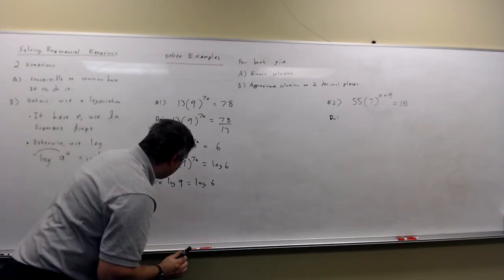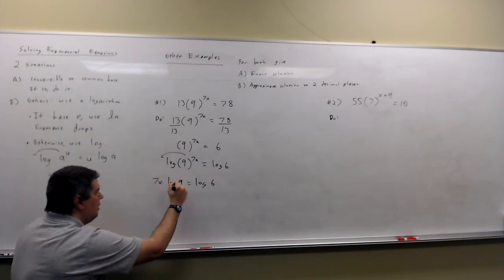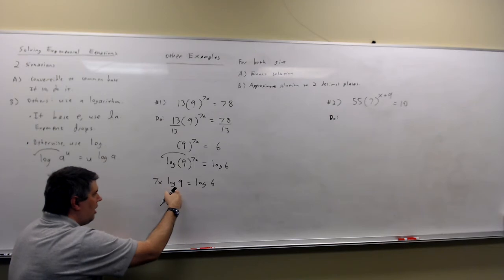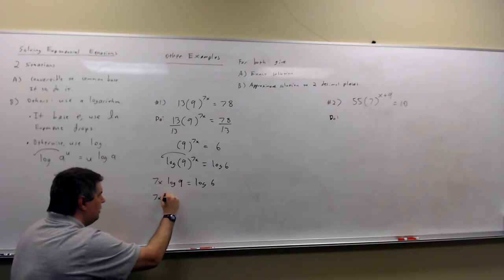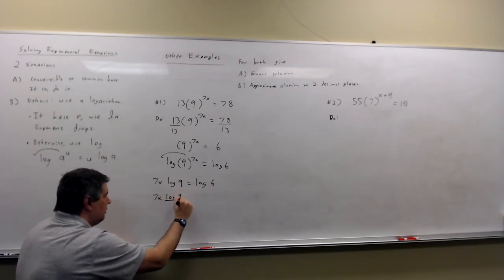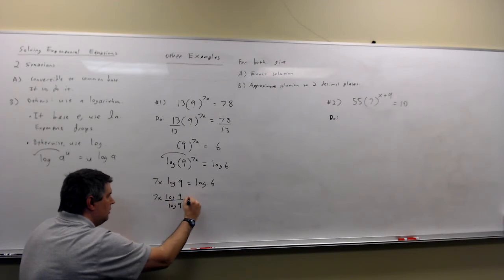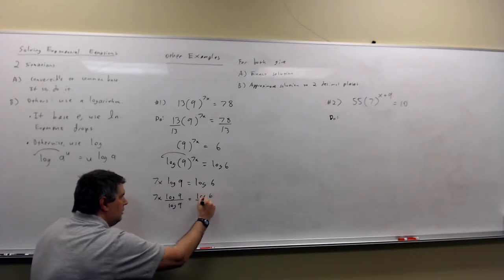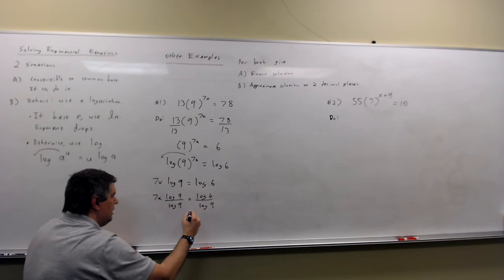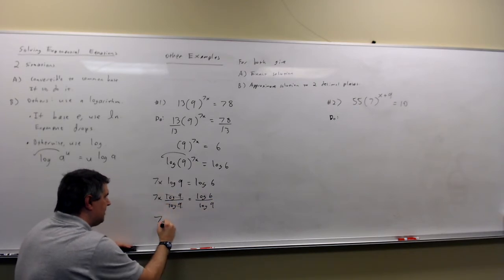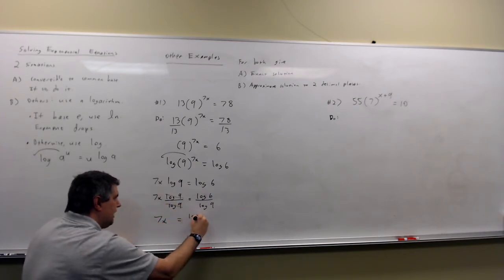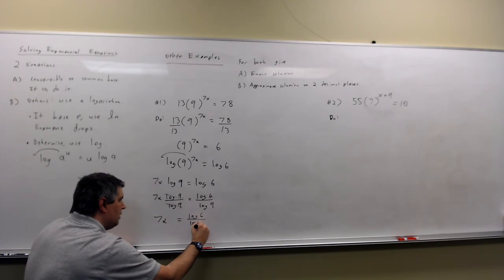Like the previous problem, I'm going to divide off the log that's on the left side. These cancel, and 7x equals log 6 over log 9.